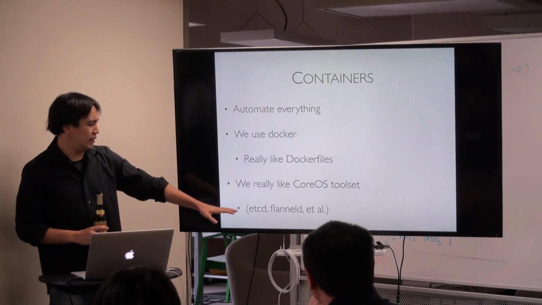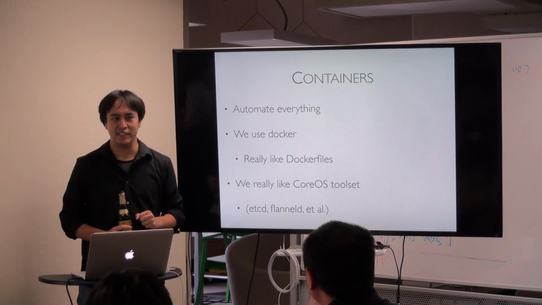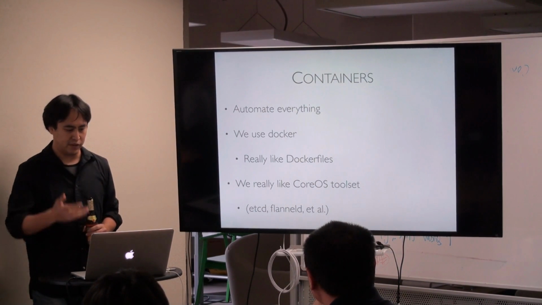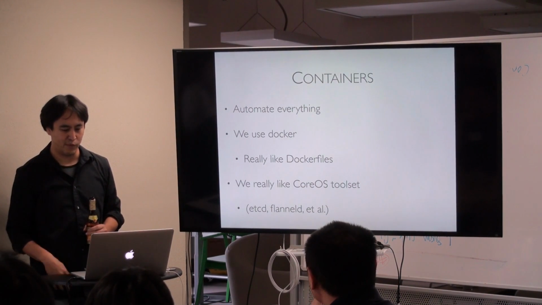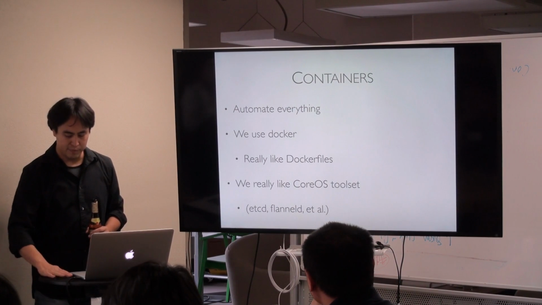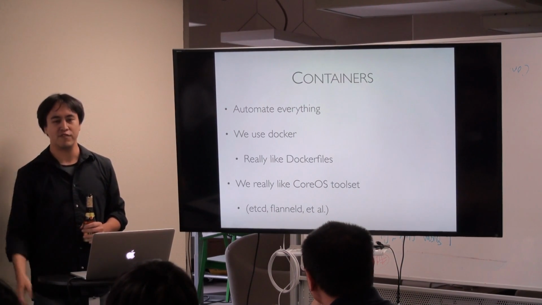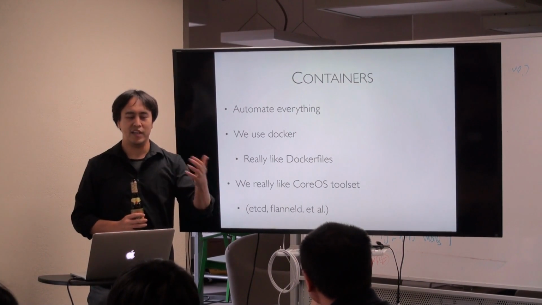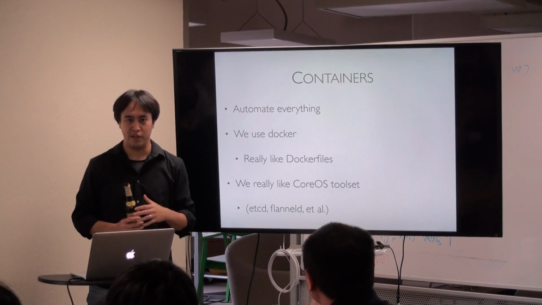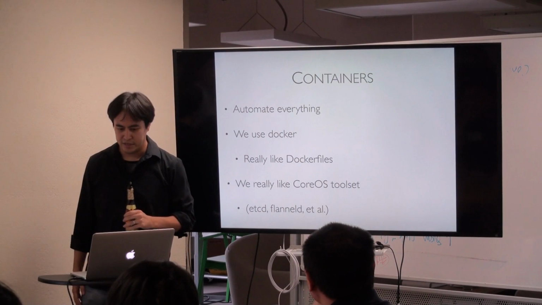Anyways, we really like tools like etcd and fleet and things like that. Like I just mentioned, we use Ansible rather than Chef or Puppet just because it's a better fit for what we do. But most of the config that you would use Chef or Puppet for happens inside the Docker container via Dockerfiles. So it mitigates the need for a really robust change management system.